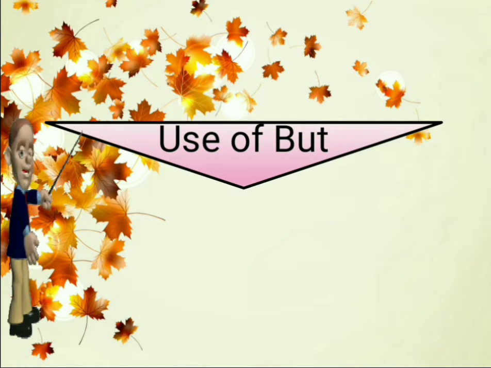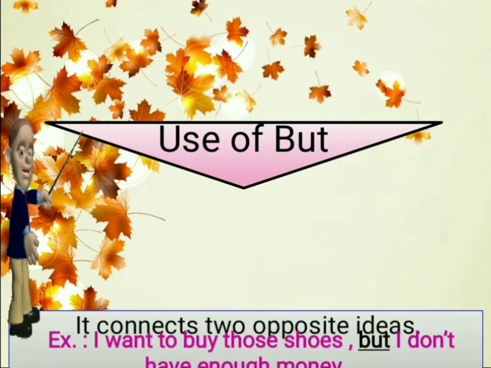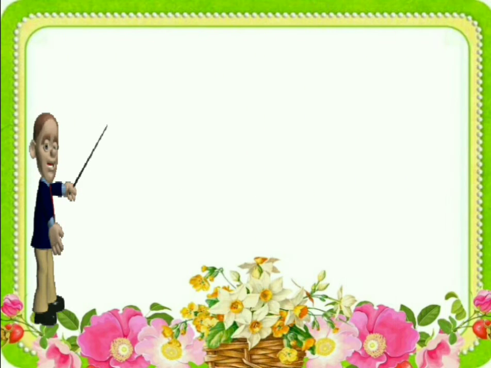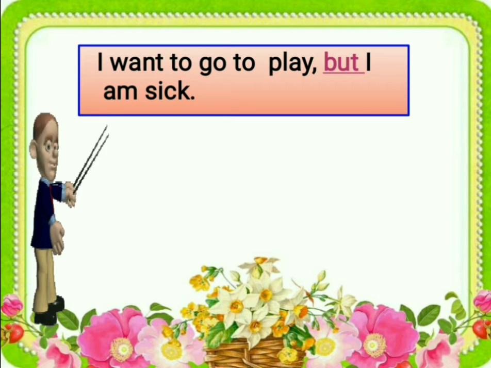So the next conjunction is but. We use the conjunction but to connect two opposite ideas. For example, I want to buy those shoes, but I don't have enough money. Let us see another example of the conjunction but.